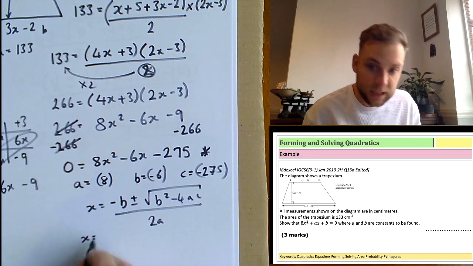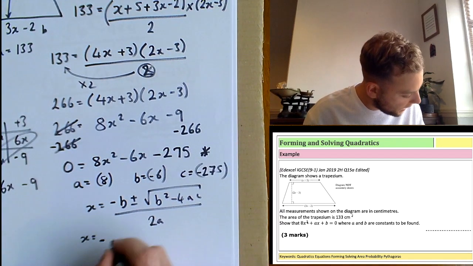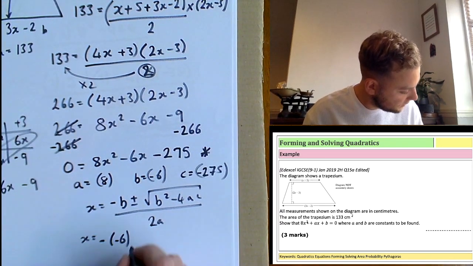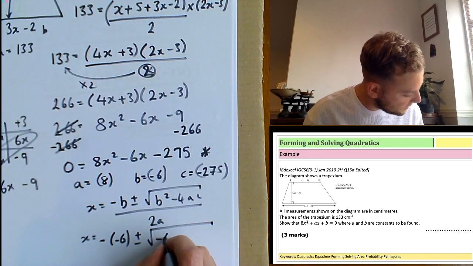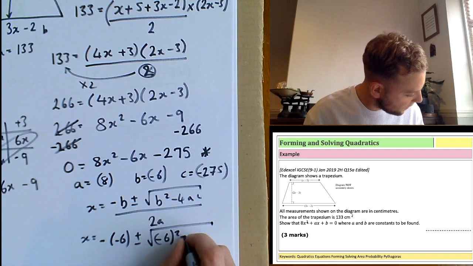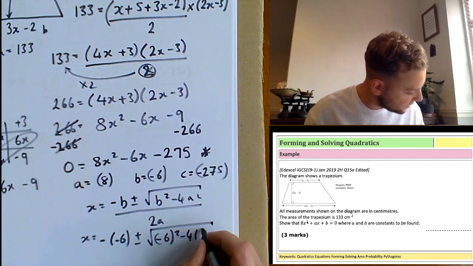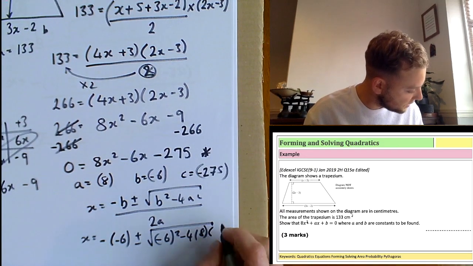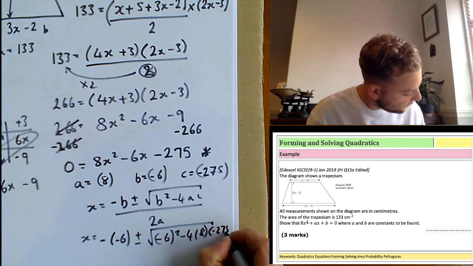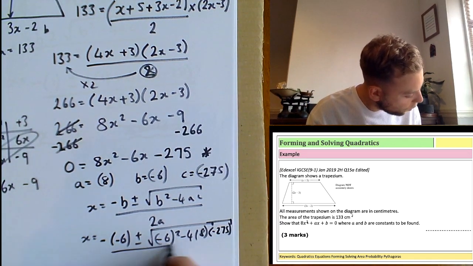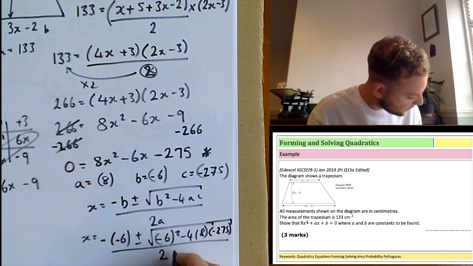So X is equal to minus bracket minus 6 plus or minus the square root of minus 6 squared minus 4 times A, which is 8, times C, which is minus 275, all over 2 times the 8.